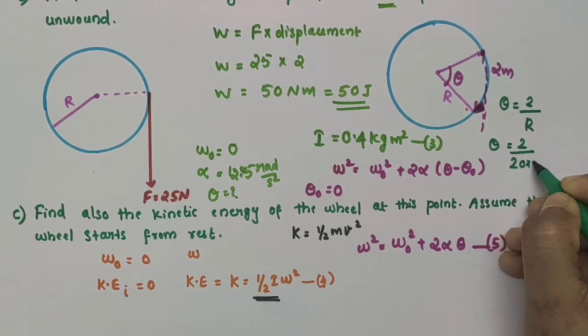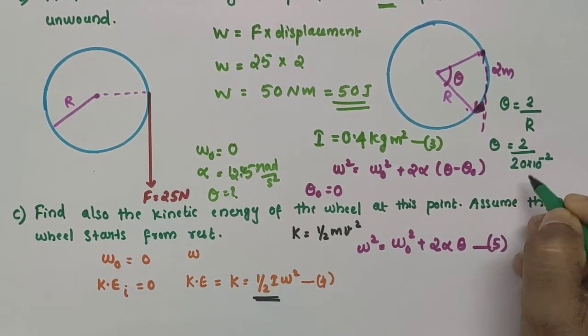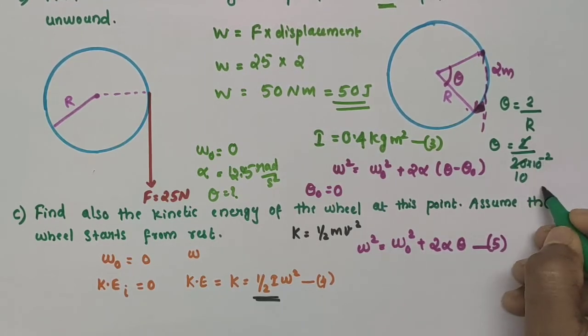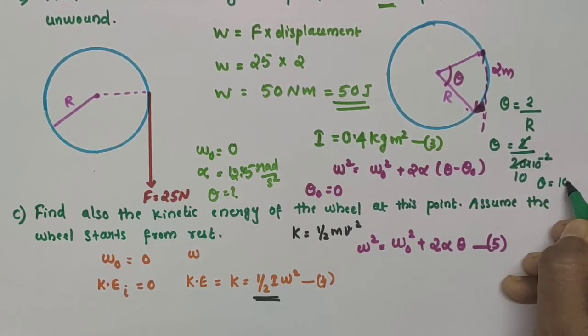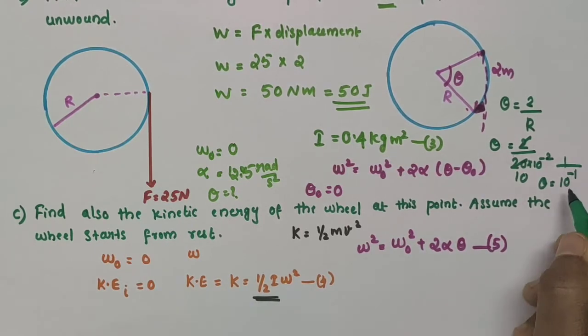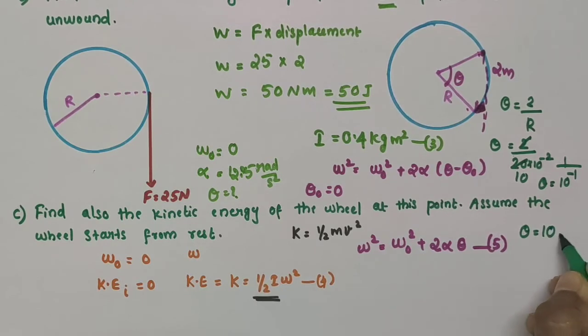That is 20 into 10 raised to minus 2 meter. So this becomes 10 into 10 raised to minus 2, which is 10 raised to minus 1. That is theta equal to 1 by 10 raised to minus 1. When I take this 10 raised to minus 1 to the numerator, it becomes 10 raised to plus 1, which means simply 10. So we are getting theta as 10 radian.